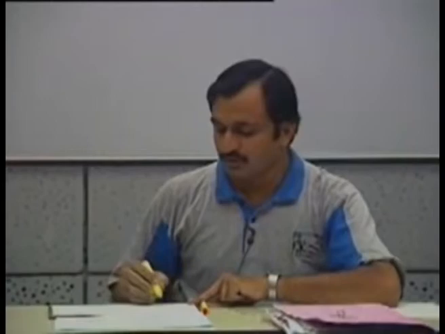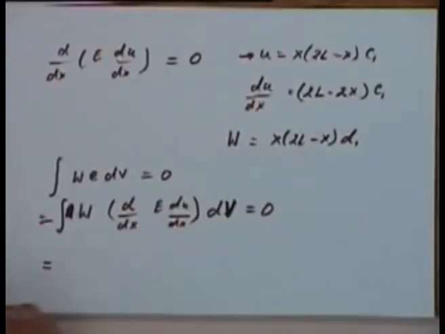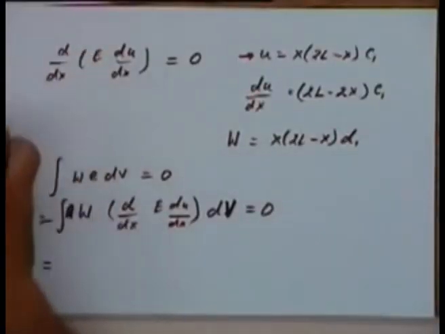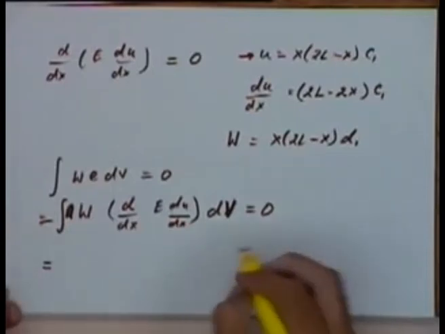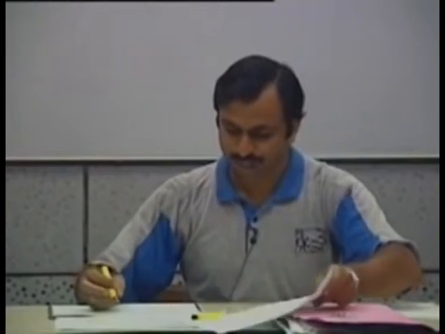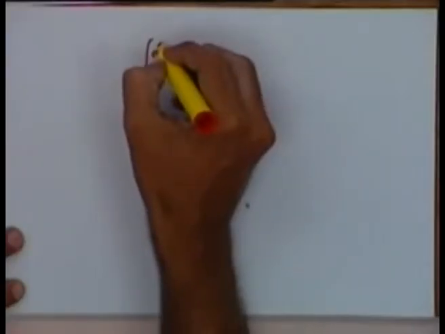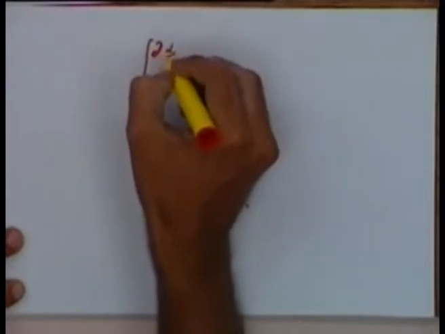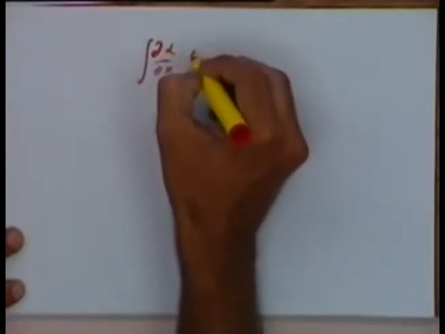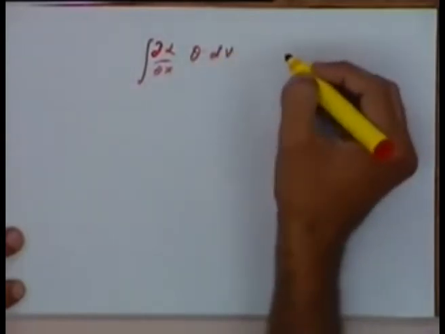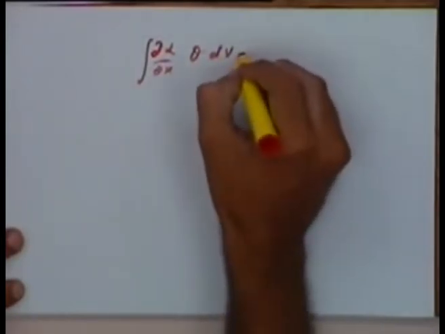Now we want to simplify this volume integral. Typically what we will do is make use of the formula that if you have the integral of del alpha by del x multiplied by theta times dV, do you remember the formula for this?